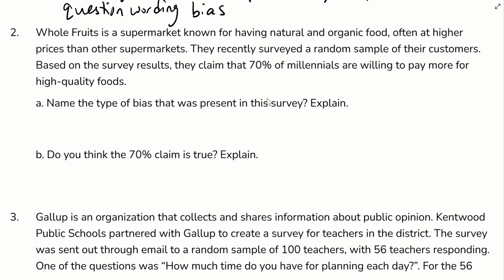Well, first off, if they're going to Whole Foods, which is a very specific supermarket with a niche clientele, if you're buying things at higher prices and having the natural and organic food, and you're taking a random sample of their customers, then you're excluding people that don't go to Whole Foods and go to other supermarkets, right? So this is an example of undercoverage bias.